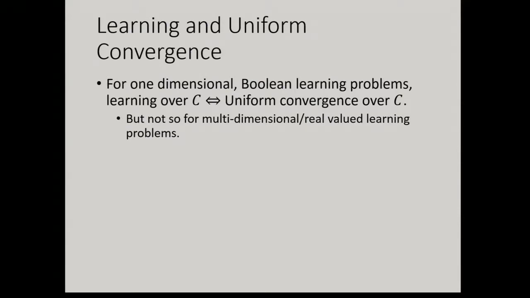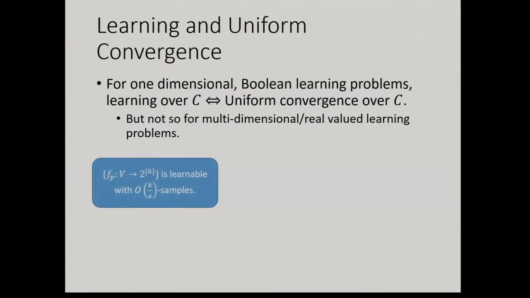Okay? But it happens that if the function you're trying to learn is a one-dimensional Boolean-valued function, then the number of samples you need in order to learn, meaning the number of samples you need in order to reliably predict the outcome of a function, is exactly equal to the number of samples you need to obtain uniform convergence over the class of functions you're learning over.